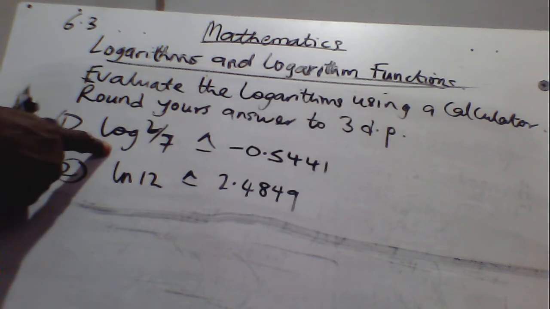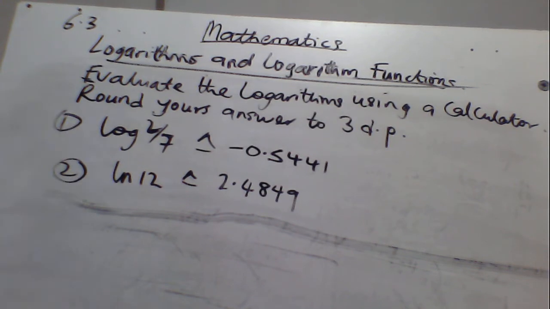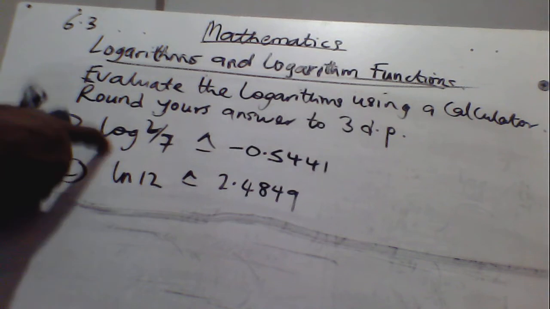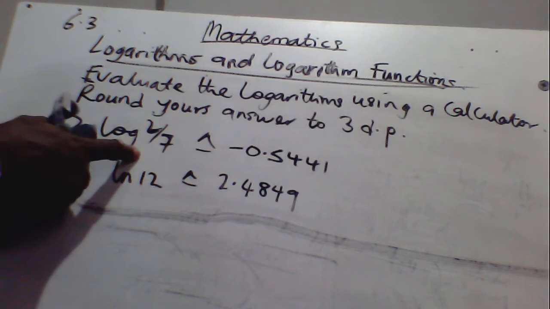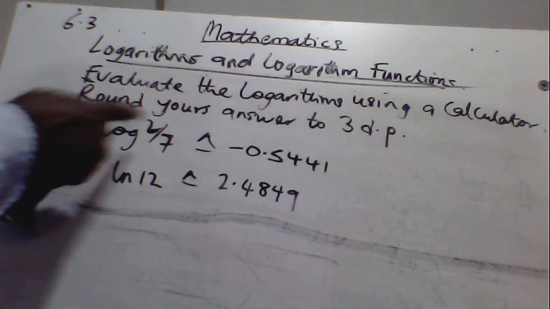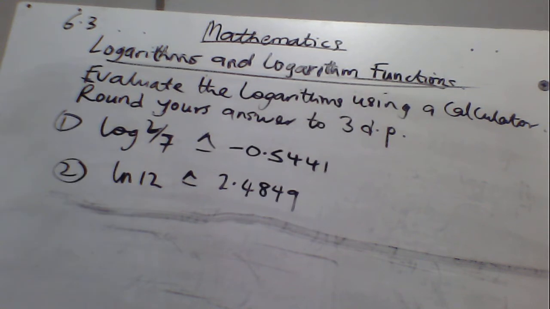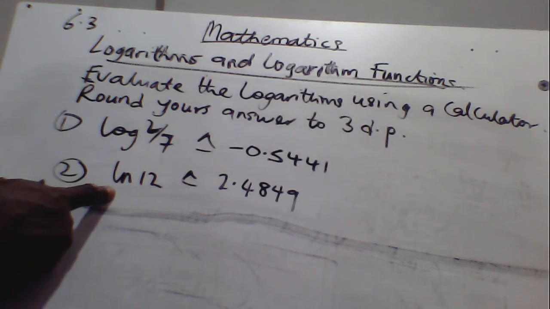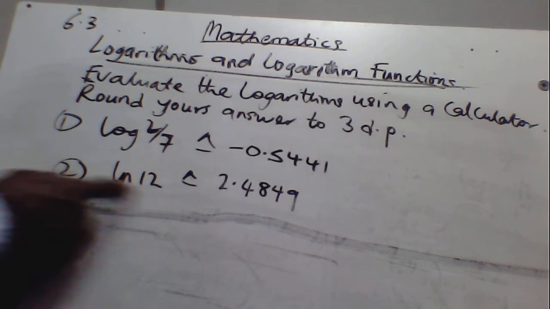You know that this is log to base 10, and we have illustrated a common logarithm. It's the same as log 2 over 7. We don't put 10 here. We know that it's log 2 over 7 to base 10. We also know that this one is a natural logarithm of 12, that is ln 12.